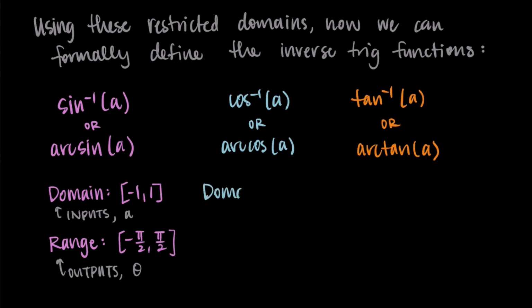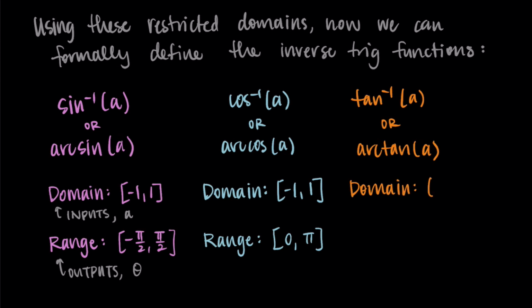Then for the inverse cosine, our domain is also -1 to 1, and here our range is from 0 to pi. So this means the function will give us an angle that's in that range. Then tangent has a domain of -infinity to infinity, and the range is from -pi/2 to pi/2, not including those endpoints.